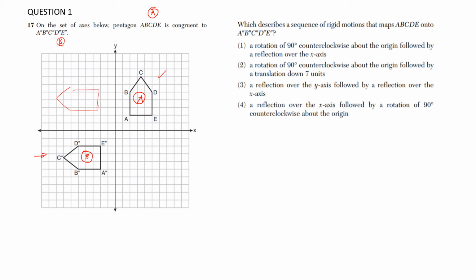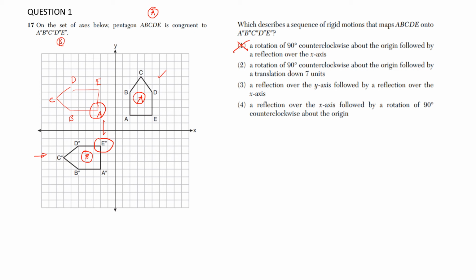The problem with it is when we do that rotation, and this is not to scale, these will be the coordinates: A, B, C, D, E, just like this. The problem is when we reflect it over the x-axis, A would be here, so that is incorrect. It would not provide a correct mapping.